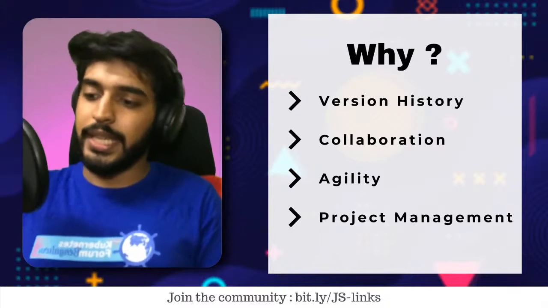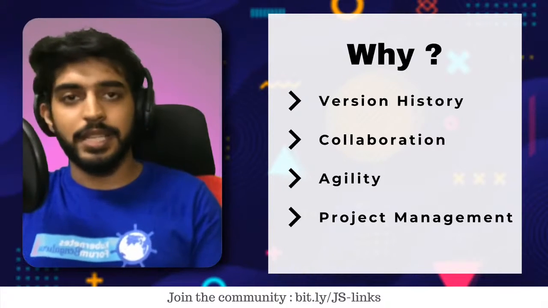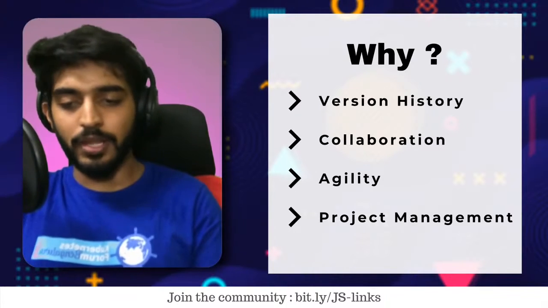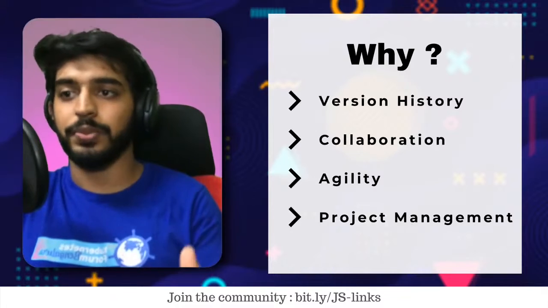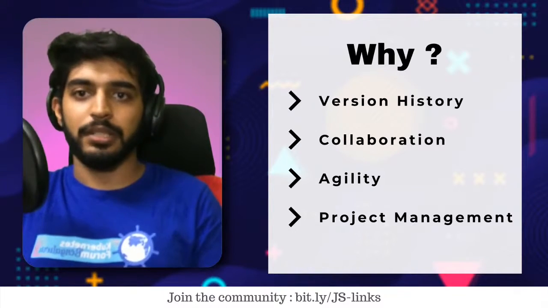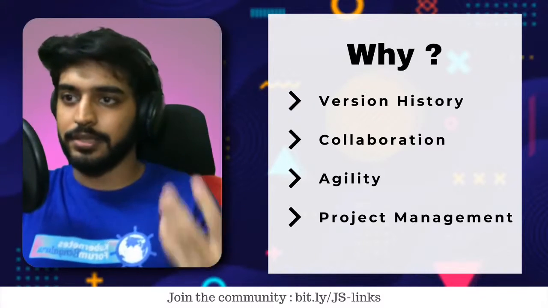Git quickly became adopted by a lot of tech giants of the world, and especially because of its usefulness and utility in agile software development, it really proved its mettle there. So that is basically the history of Git.